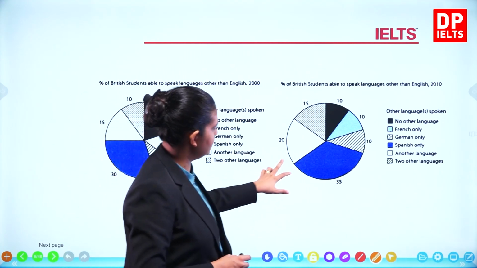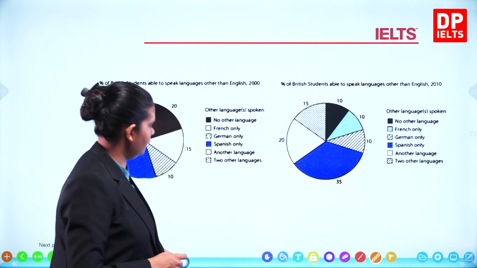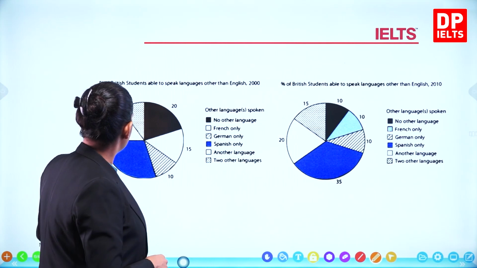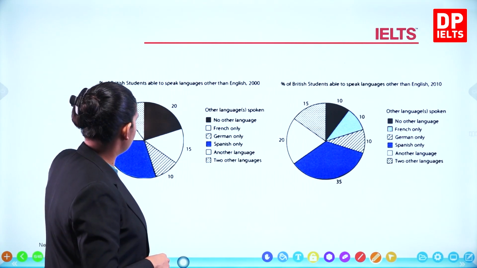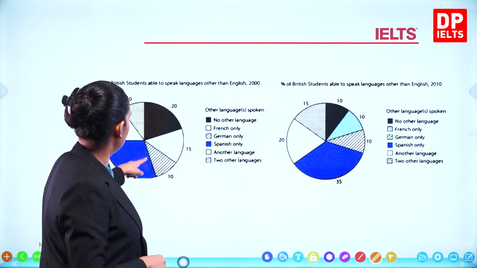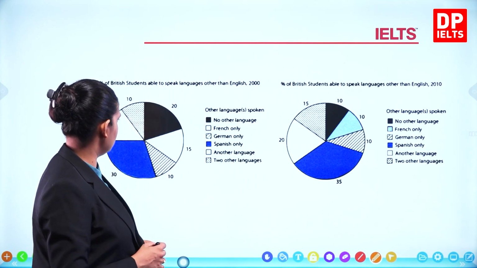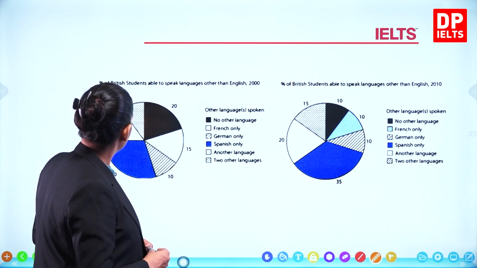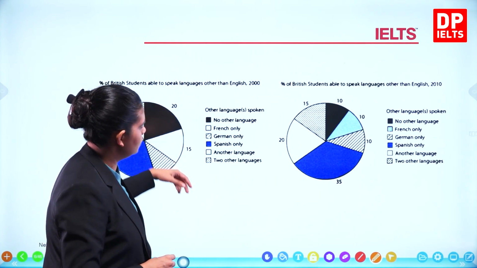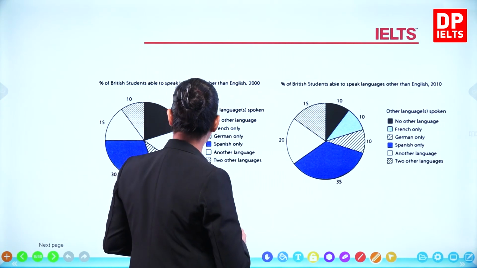However, by 2010 it was another language, right? And here we have French only, and then we have German and 2 other languages in equal proportions, right? And French and another language in equal proportions again, right?